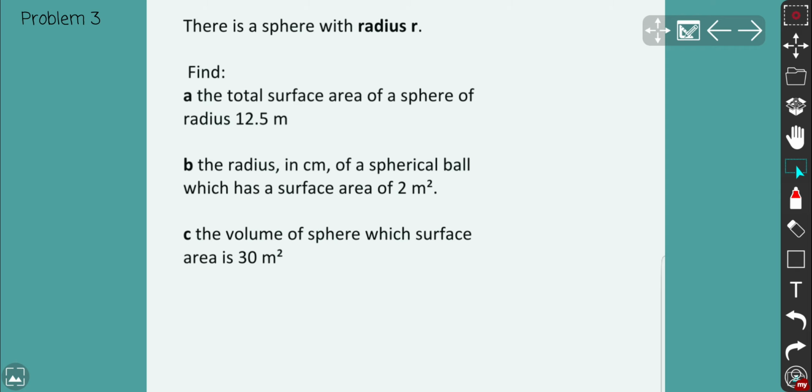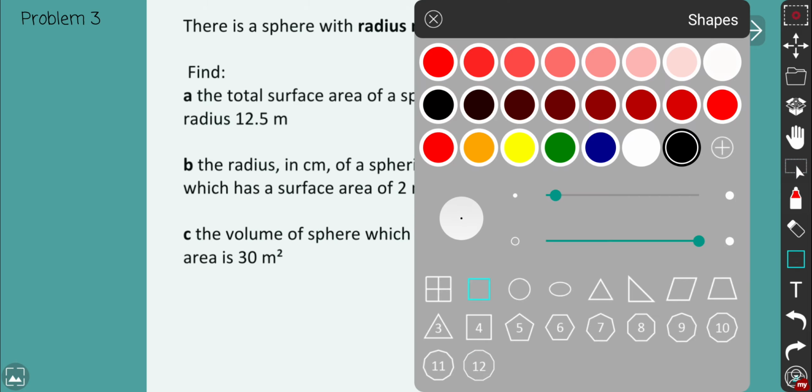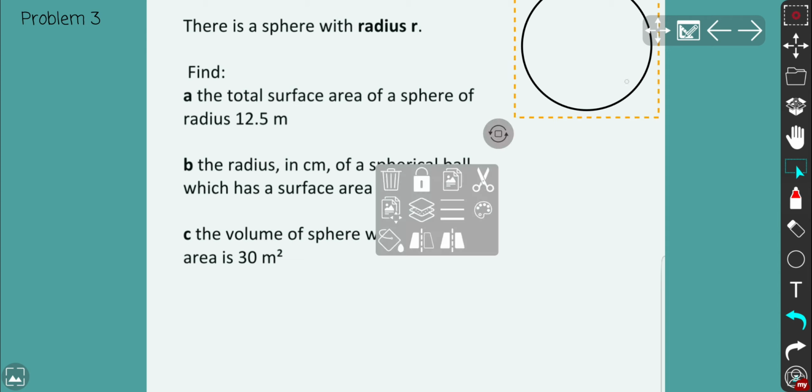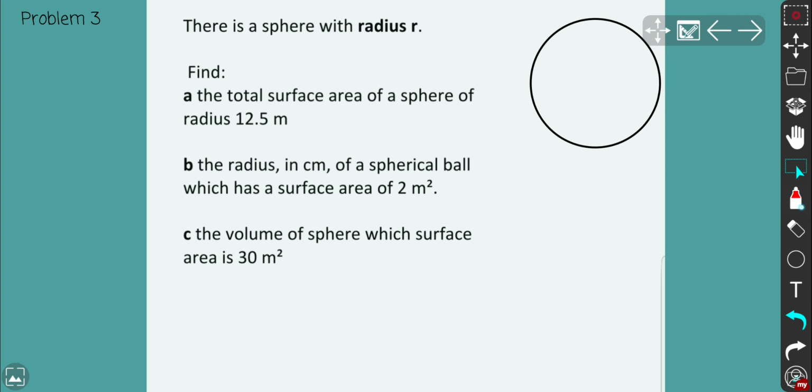Alright. So we've got a sphere, and I'll just remind you, if we have a spherical body, that's your sphere. Make sure you remember how to calculate the volume of that.